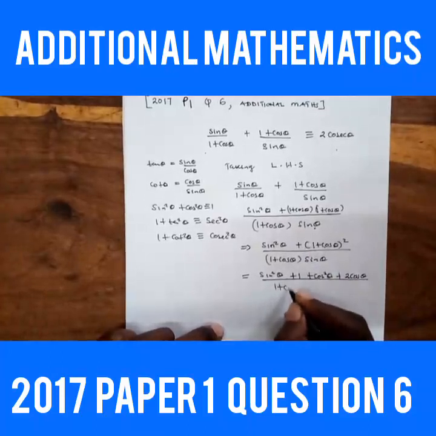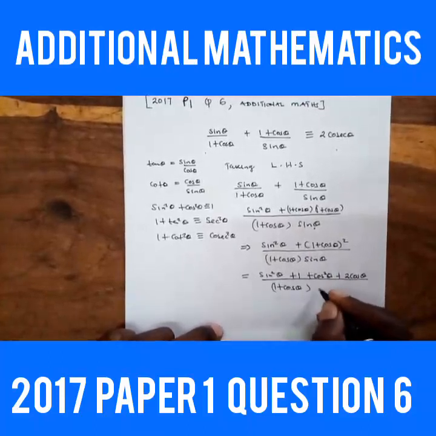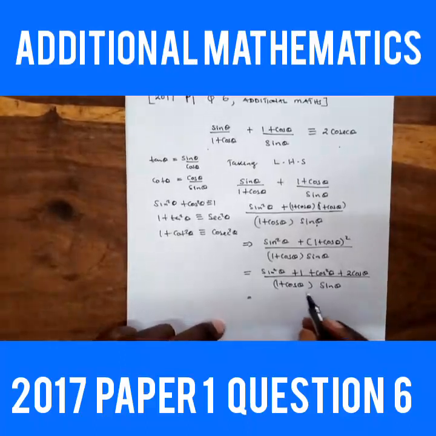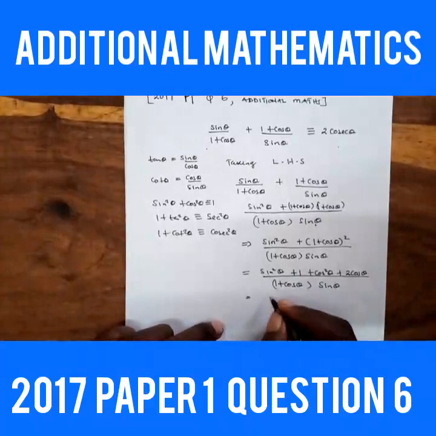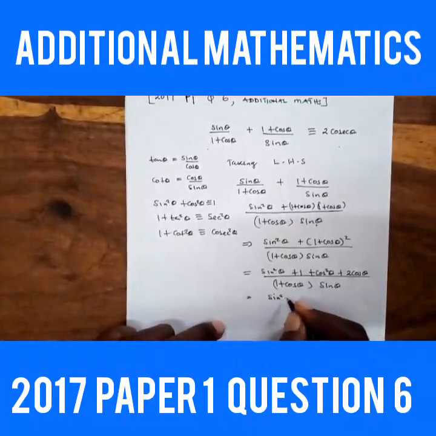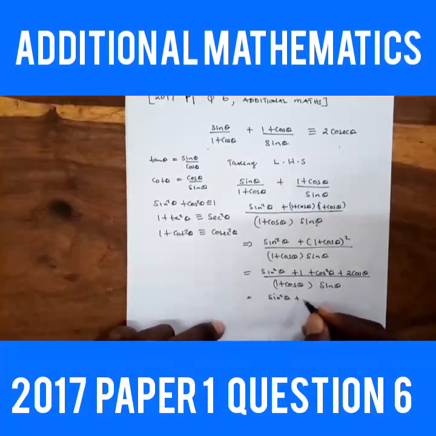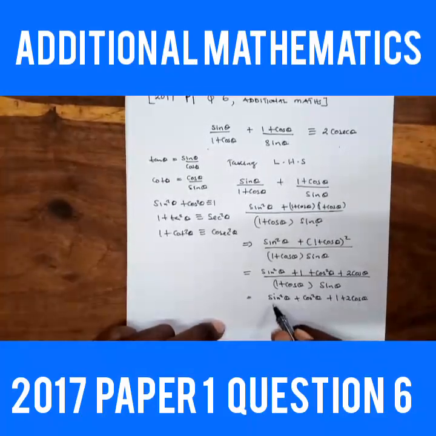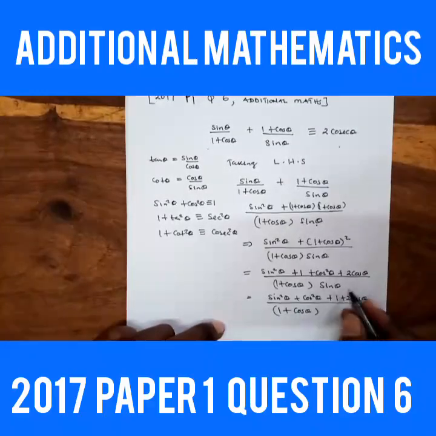Over 1 plus cosine theta multiplied by sine theta. Then I can collect sine squared theta plus cos squared theta plus 1 plus 2 cosine theta over 1 plus cosine theta multiplied by sine theta.